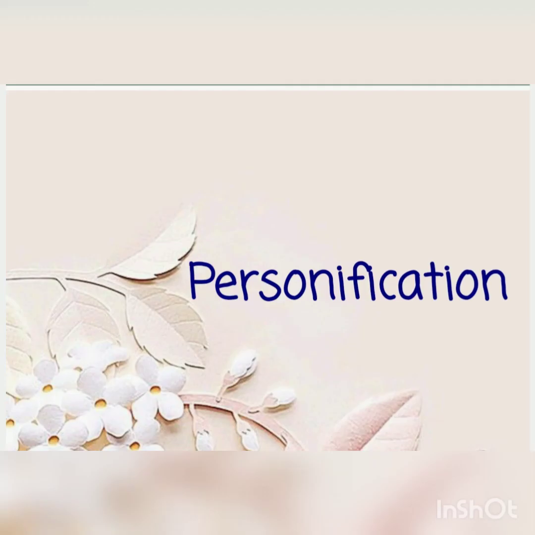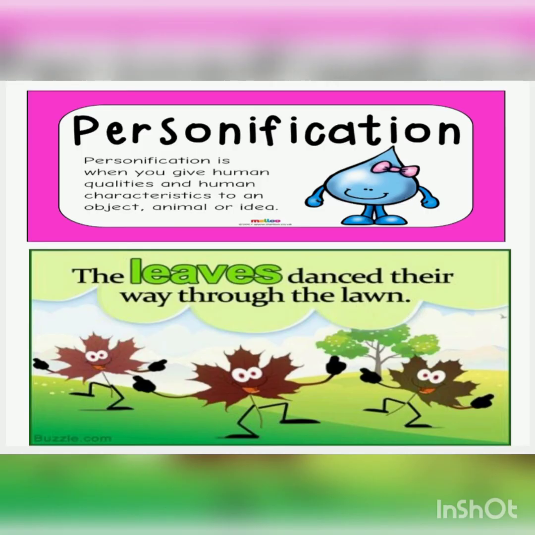The next poetic device is personification. This poetic device is very easy. All you have to remember is personification is when you give human qualities and human characteristics to an object, animal, or an idea. For example, the leaves dance their way through the lawn.